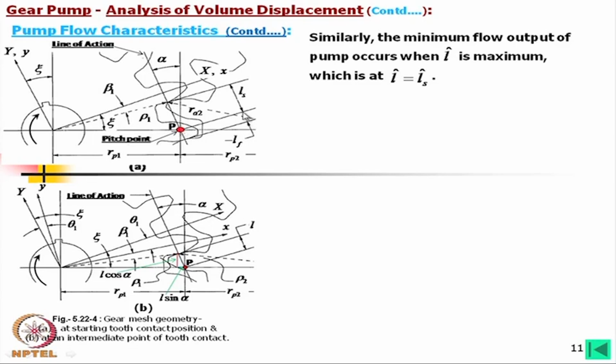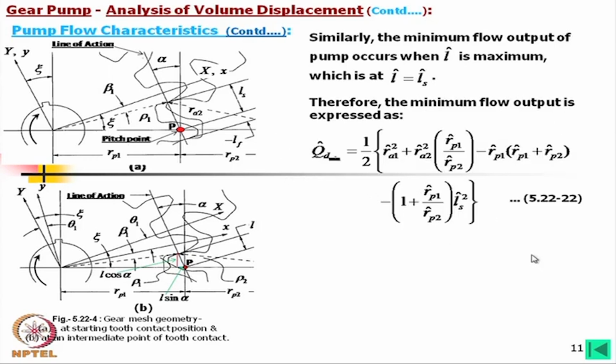Our total length is definitely at starting and then the final length, but this length will gradually decrease, and it will be maximum when it is L s. Substituting that, we find that this will be the minimum flow. With this negative sign, with this as a maximum value, the total value will be minimum.